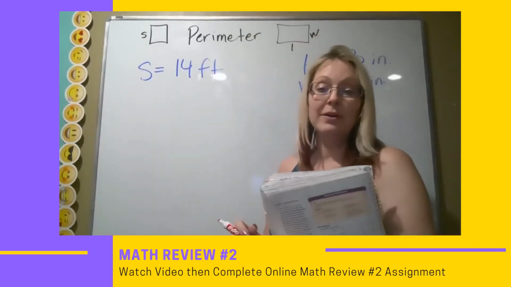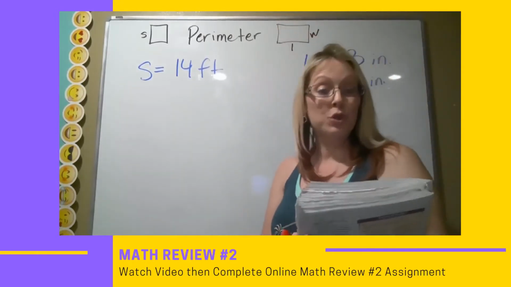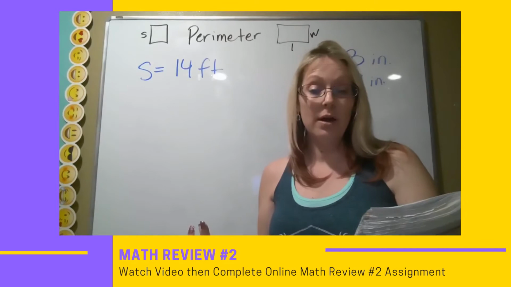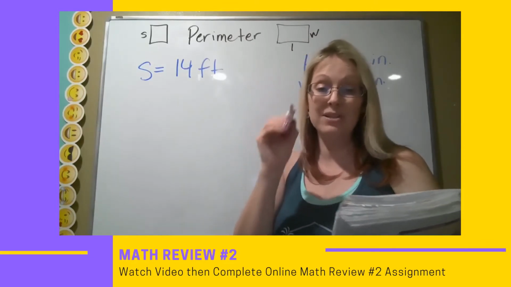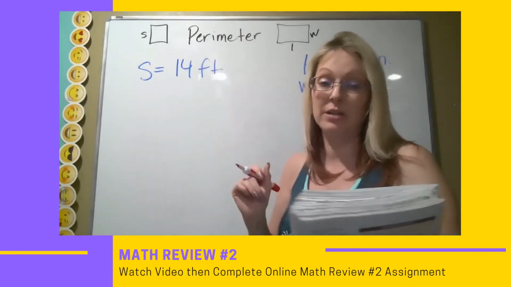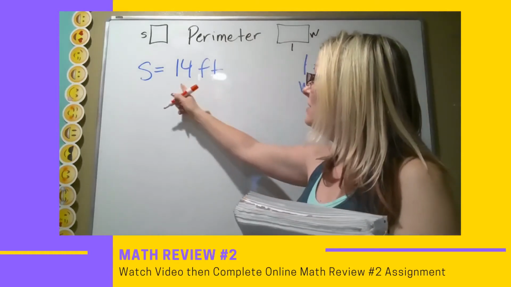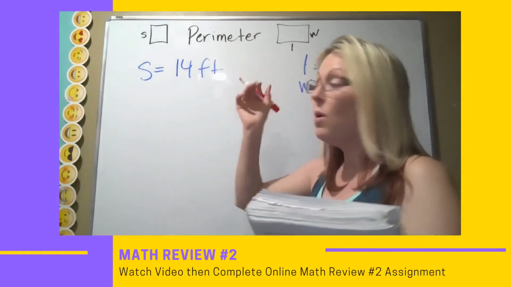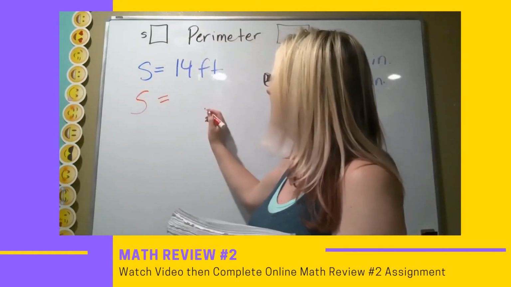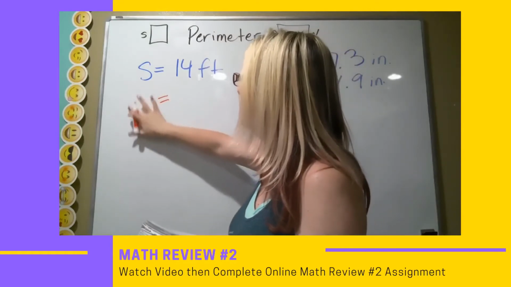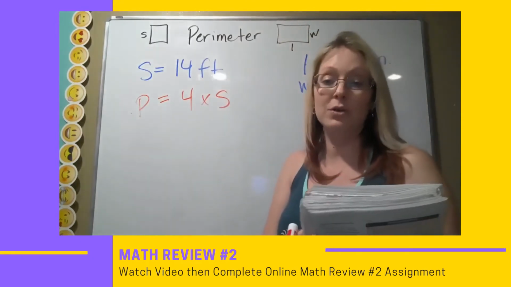Let's review perimeter. Now don't forget, perimeter is the outside of the square, rectangle, or a triangle, as well as any simple closed figure that has straight lines, that has a dimension or a length or side, okay? So with side, we have side equals 14 feet. Well, we know the perimeter is all the way around, so this would be P. P equals 4 times S is the equation we use.